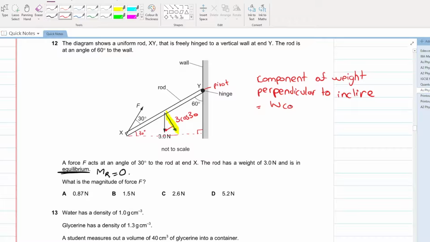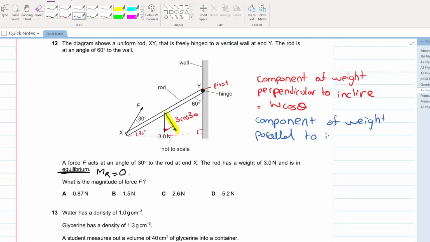W cosine 30. And the component of weight parallel to incline is what?